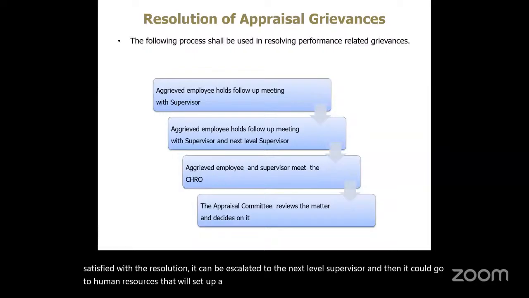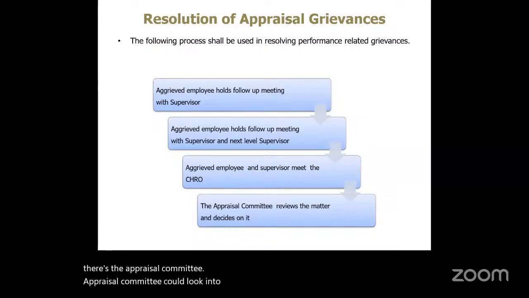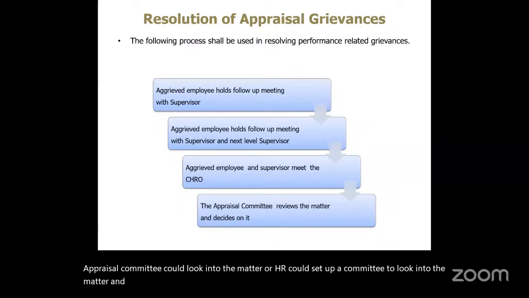In some organizations, there's an appraisal committee. The appraisal committee could look into the matter, or HR could set up a committee to look into the matter and resolve it. And the final point of call could be the CEO or the managing director.